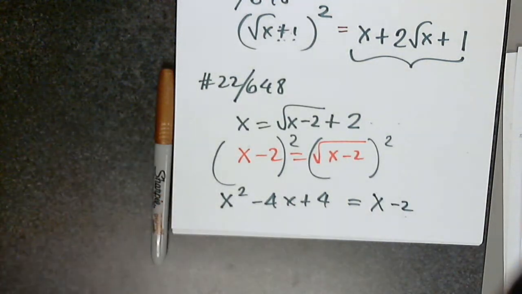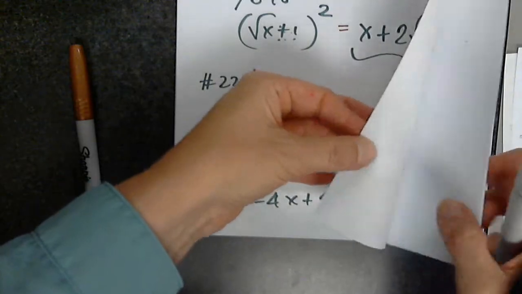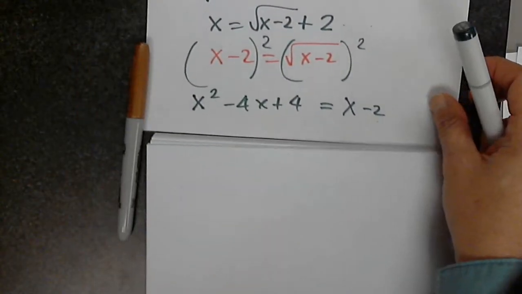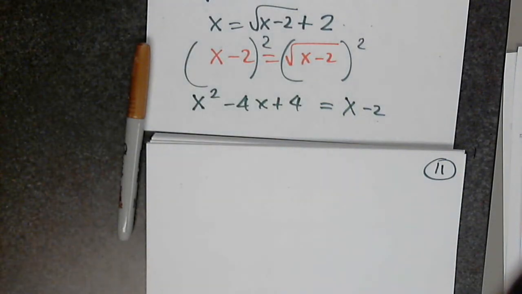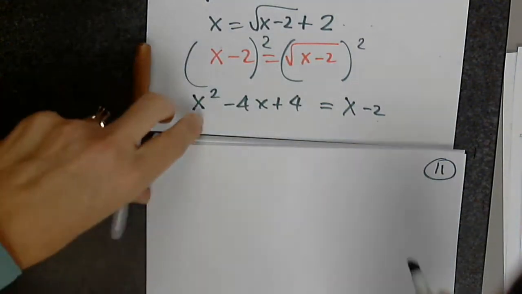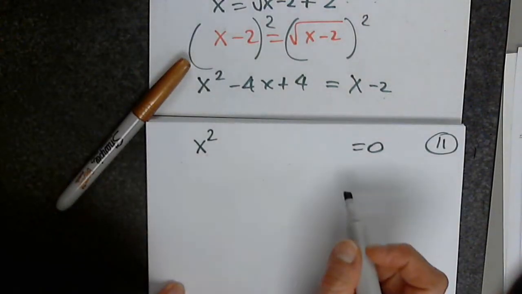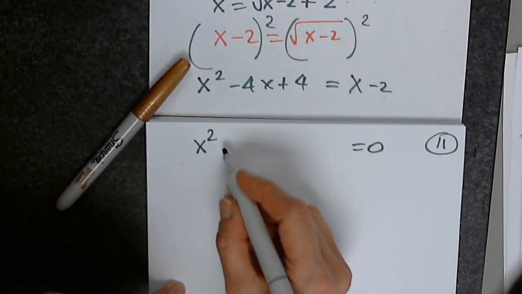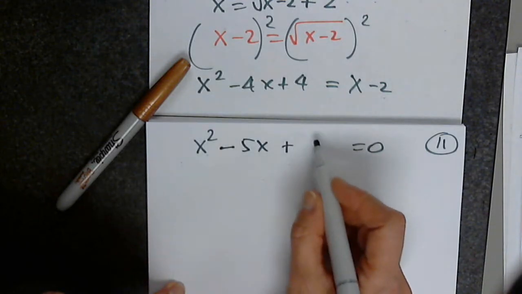Good. What type of equation is this now? Yes. How do I solve a quadratic equation? Yes, I have to set it equal to 0. x squared, then, excellent, and then plus.